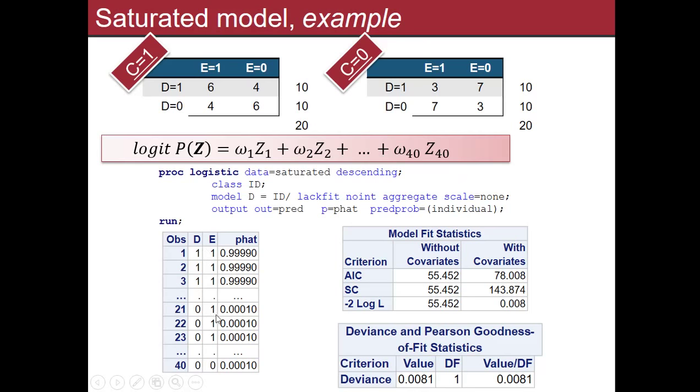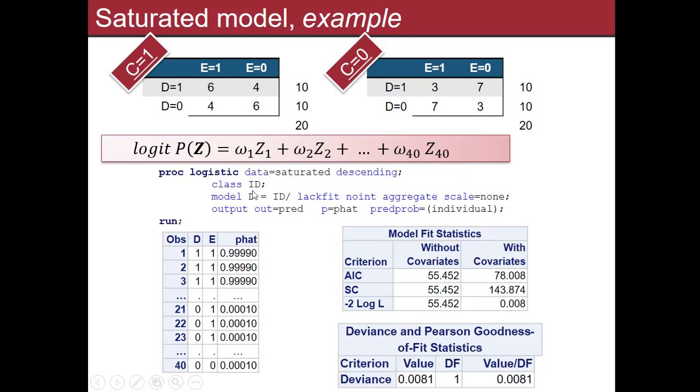Down for these people here, it's predicting their probabilities of disease are 0, and that is these people's disease status. So if you compute the difference between disease and p hat, the predicted probabilities, you get 0. This model basically always spits out the probability of disease, more or less. It's not exactly 0. Okay, so this model is a saturated model.